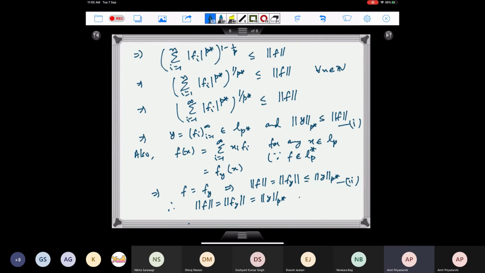So what we have shown here is that for any y in LP star, we have a map.